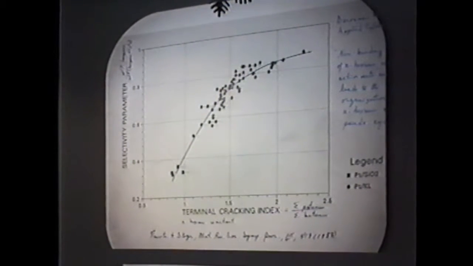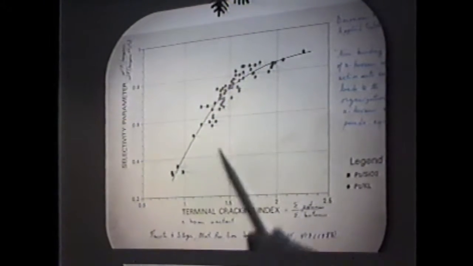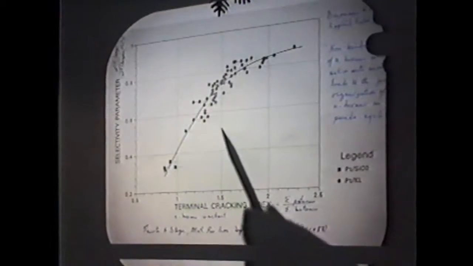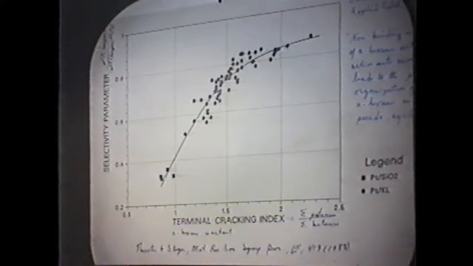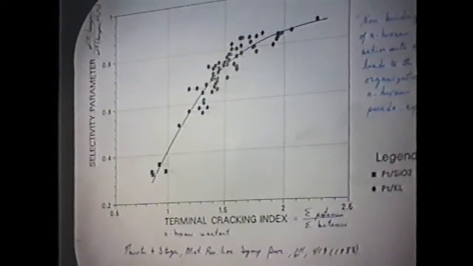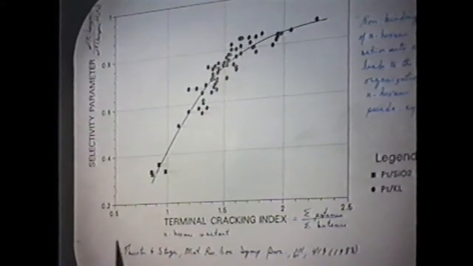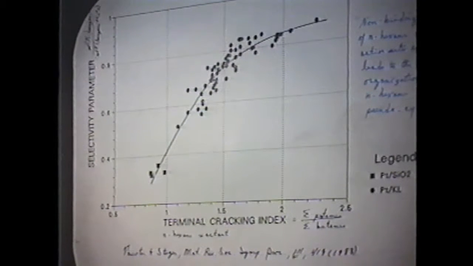It's some measure of the rate at which you just crack off the end carbons to make pentane versus cracking somewhere in between. Down here you have platinum on silica, and here you have a whole range of different potassium L zeolite supports. And there's no question that the selectivity goes up when this terminal cracking index goes up. But the question is, is it cause and effect, or are they just two effects that are parallel to each other?